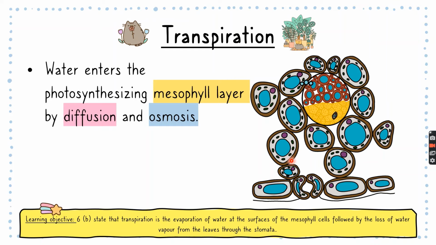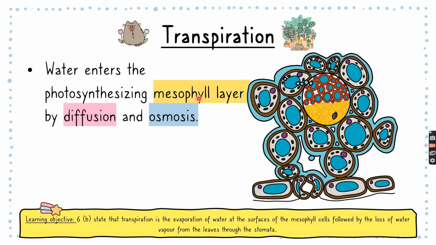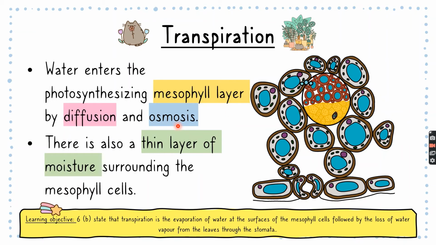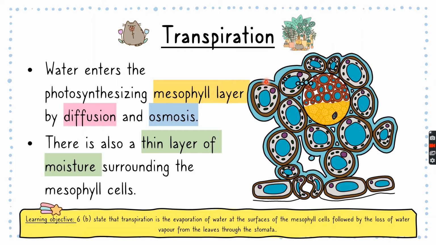This is only showing you the spongy, but we're also talking about the palisade here. Water enters from the xylem vessels and into the mesophyll layer via diffusion and osmosis. There's also a thin layer of moisture that is surrounding the mesophyll layer.